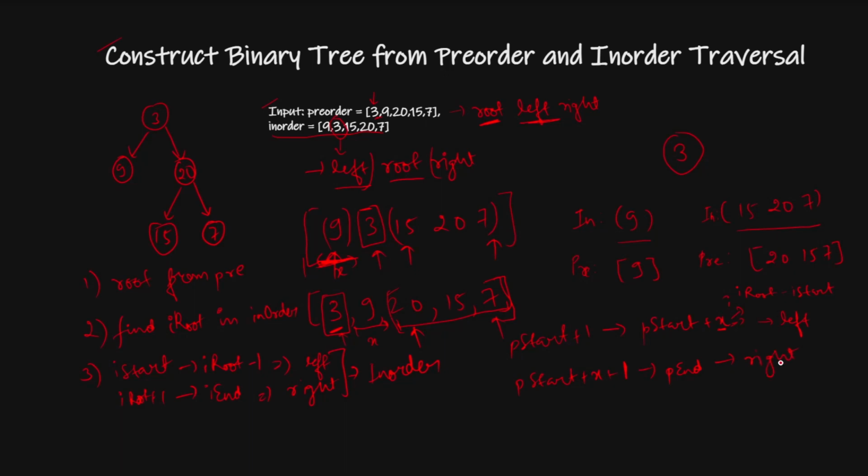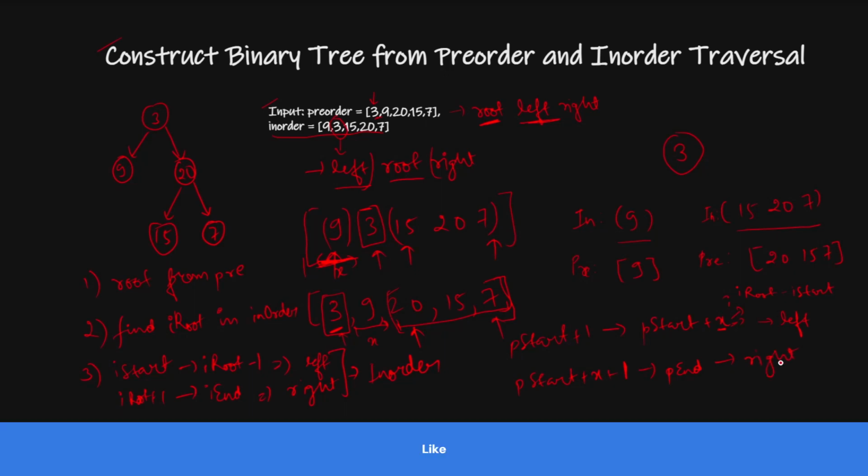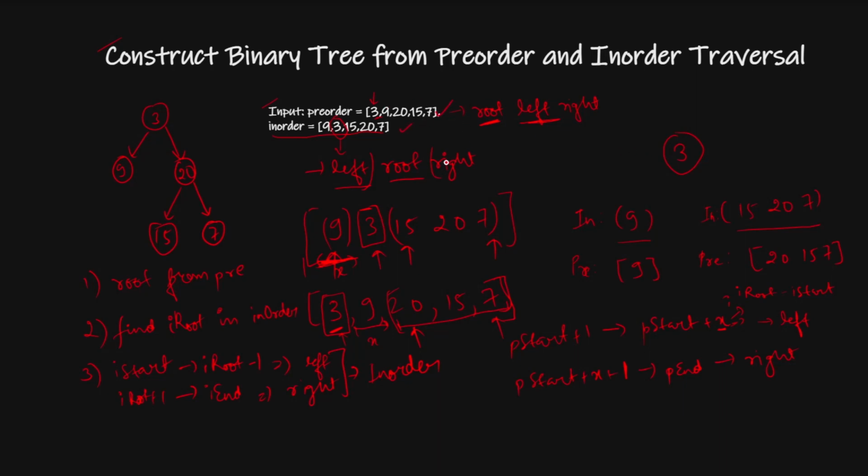So till now what I have done, I have my preorder and I have my inorder. I have found this root in this inorder, and I will say the left part of this root will be my left subtree, and the right part will be my right subtree. After finding left subtree and right subtree, I find the inorder of the left subtree and the inorder of the right subtree.